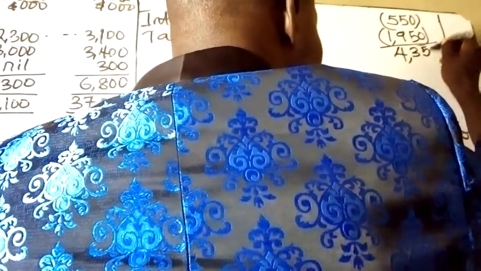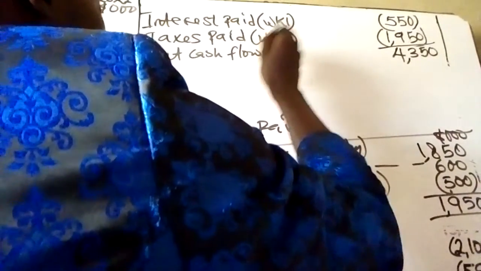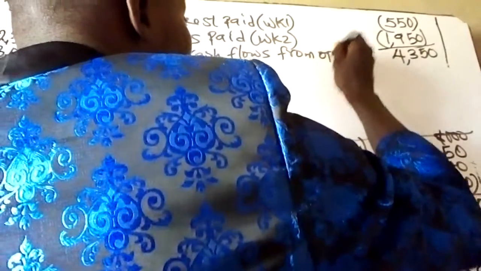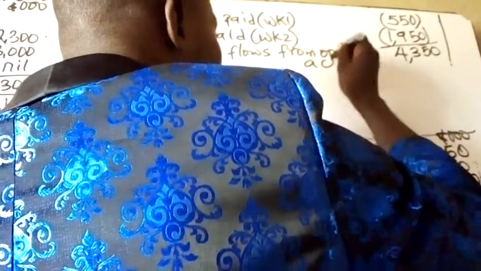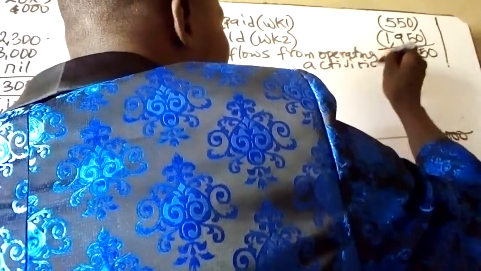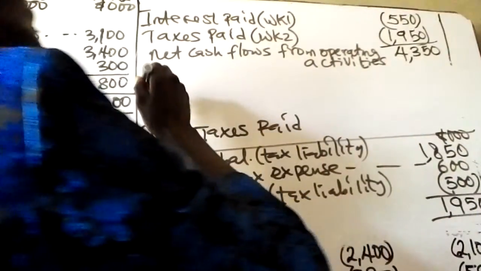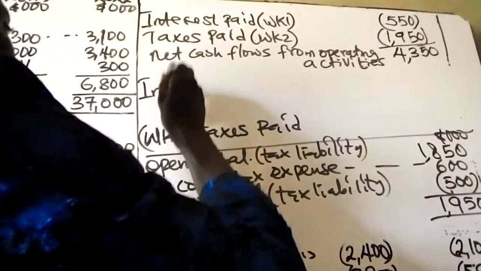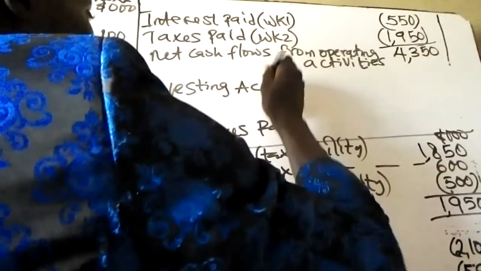That is net cash flows from operating activities. After operating activities, the next section or heading should be investing activities.